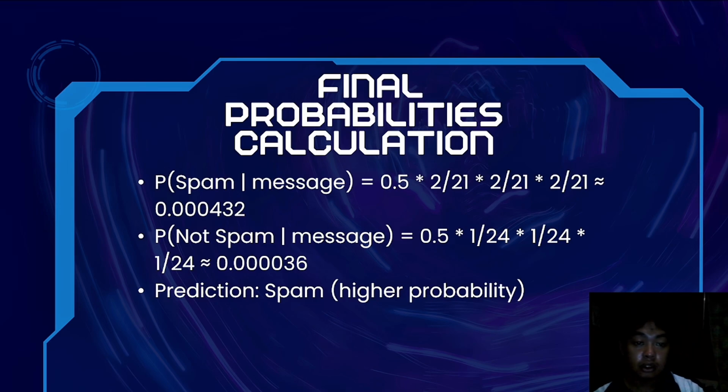Once that is done, we multiply by 0.5 and the result is approximately 0.00432. For the not spam messages, bring down 0.5 times 1 over 24 times 1 over 24 times 1 over 24, which is 0.5 times 1 over 13,824.